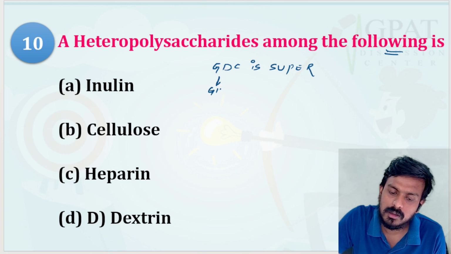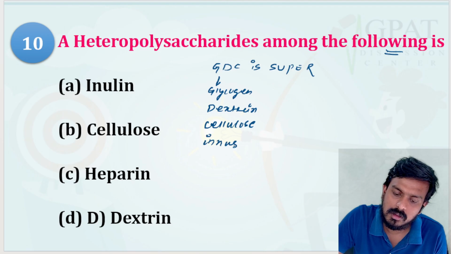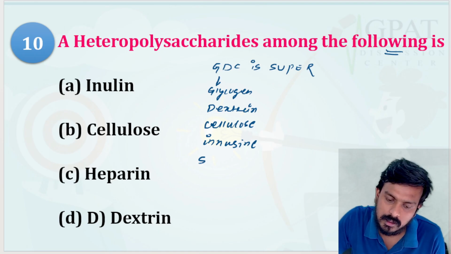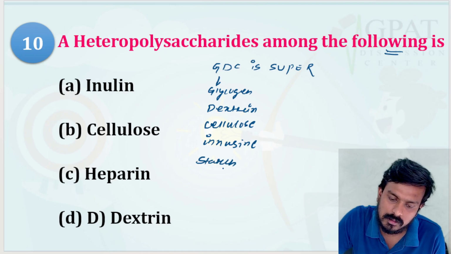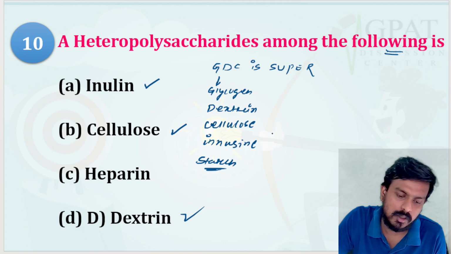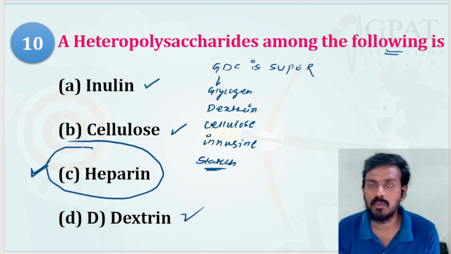G for glycogen, dextrin, cellulose, inulin, okay, then starch. So these are homopolysaccharides. Inulin is a homopolysaccharide, cellulose is a homopolysaccharide, dextrin or dextran is a homopolysaccharide. But heparin is a heteropolysaccharide.